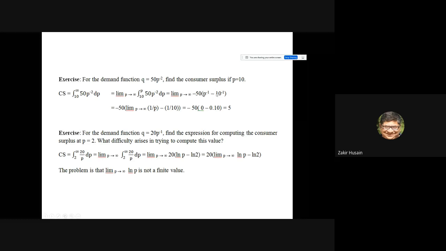So they have written it in this form. The 50 comes out, and this is 1 by P. If P is 0, then it becomes infinite, and it's not possible to evaluate the integral.